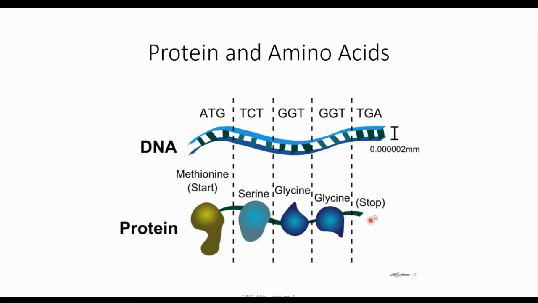And the combination of these amino acids creates protein. So you can also see the difference between protein and amino acid. The combination of them creates protein. Each one of these is an amino acid. So if I change the place of this one with this one, then we will have a different protein.